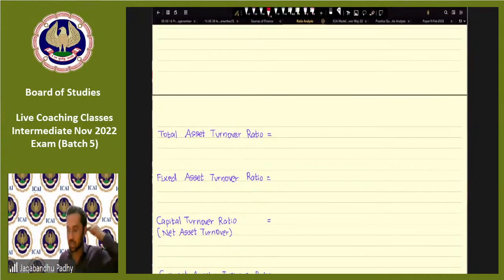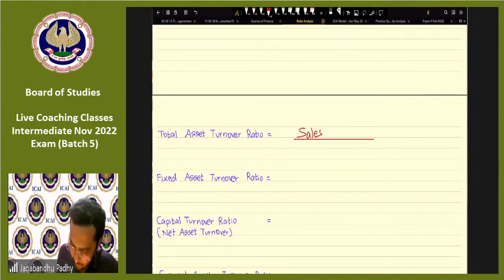So total asset turnover, as we have discussed, is sales upon total assets. Now total asset turnover ratio, it's sales upon total assets.